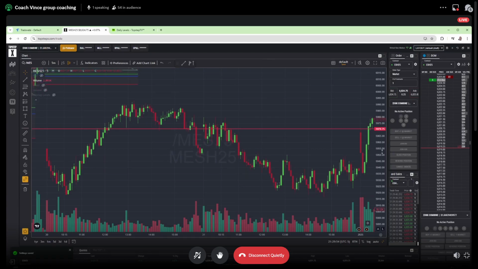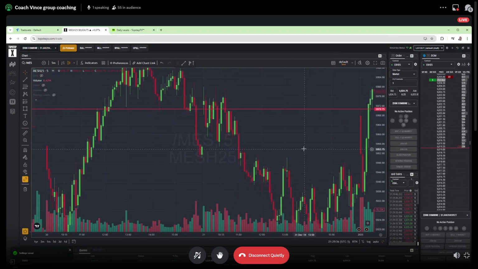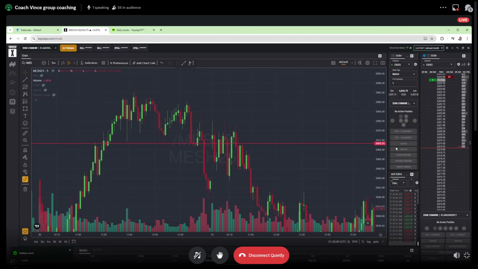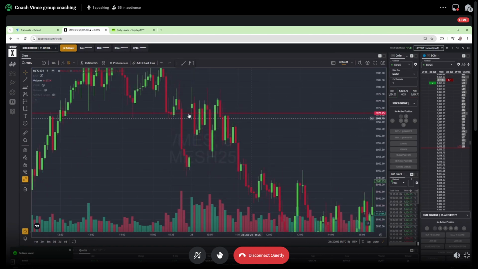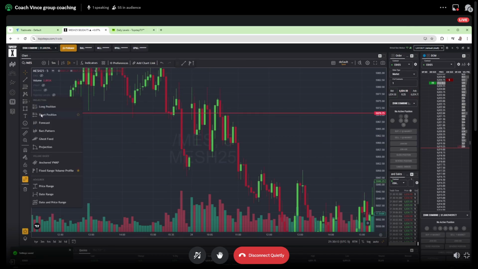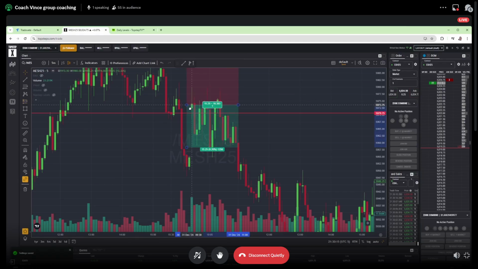Here's an open range trade right here. Very, very close to being negated, but it didn't. I mean, this stop, it survived and it's legit. But here it is, 2 ticks above the high.